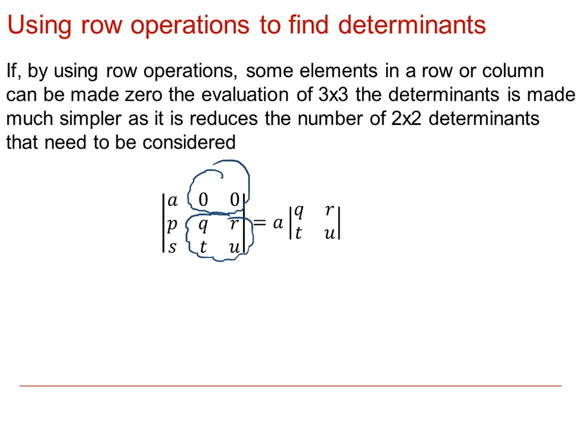In other words, it's equal to A multiplied by the determinant of Q, R, T and U. And that's very, very straightforward to evaluate. The other parts of the 3 by 3 determinant would be 0.